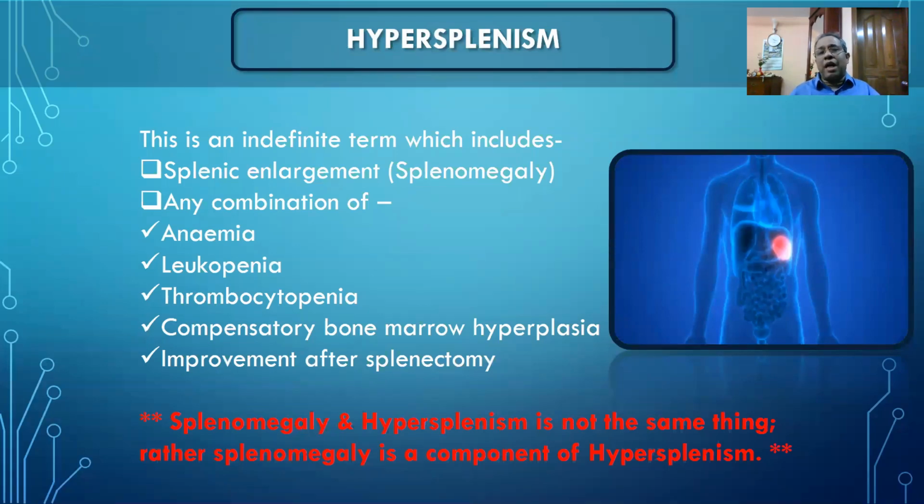Then the terminology is hypersplenism. That means splenomegaly and hypersplenism are not the same thing. Not all splenomegaly causes hypersplenism. Rather, splenomegaly is a component of hypersplenism.